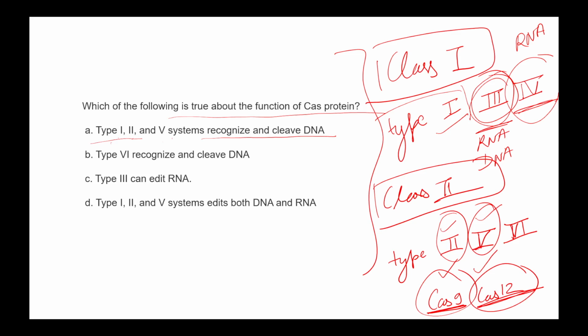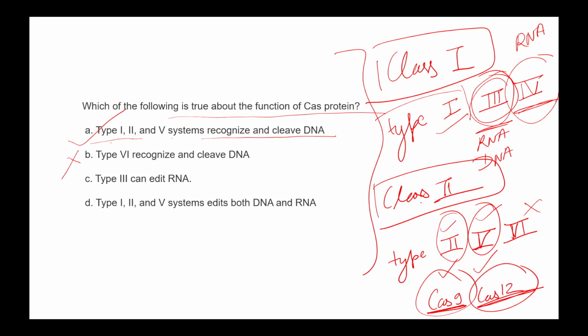Correct. Yes. Type 6 recognizing and cleaving DNA? No, type 6 doesn't. Type 3 can edit RNA. Is it correct? It is partially correct, which is why it cannot be the correct option.